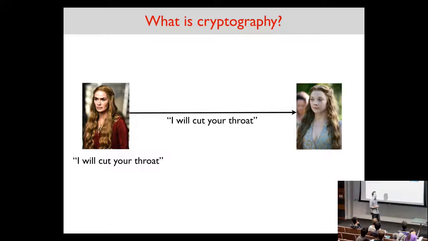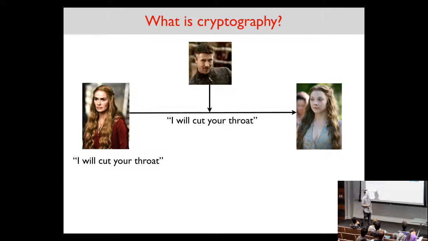She could just send this to her, but the problem is there are third parties involved that can intercept this message. Right? It's like he knows everything. So this person, by the way, we'll usually call an adversary or an eavesdropper. You don't want the adversary to learn anything about what you want to send.